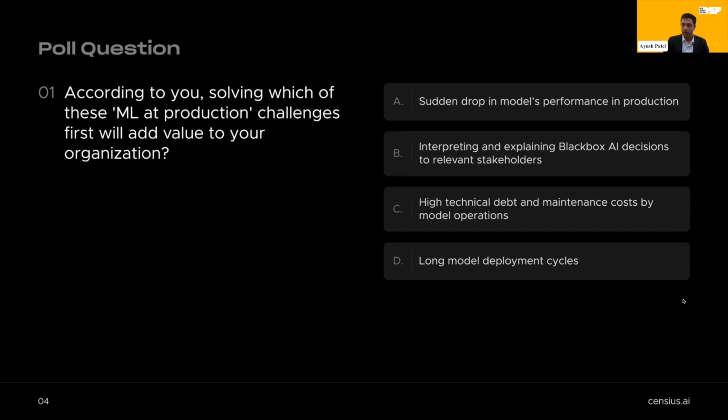Just another 10 more seconds, Lizzie, and we should be good. We're already seeing a clear pattern here in responses.